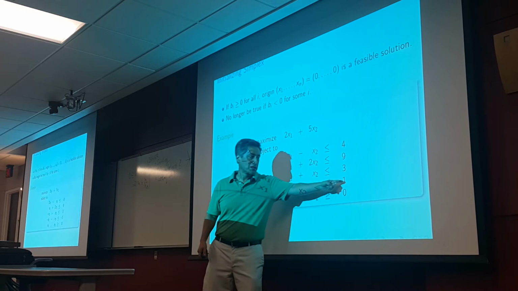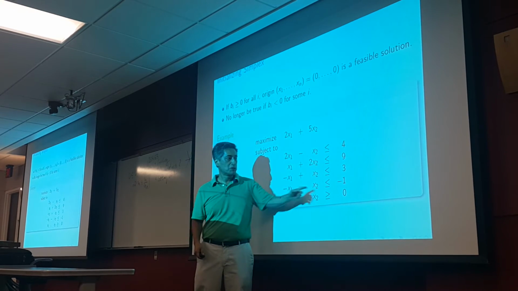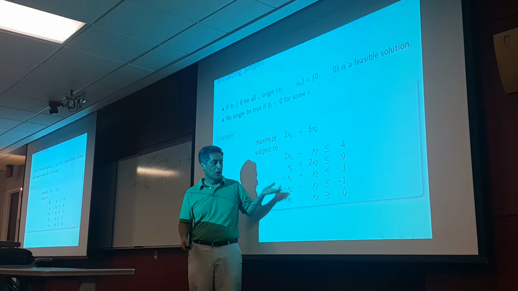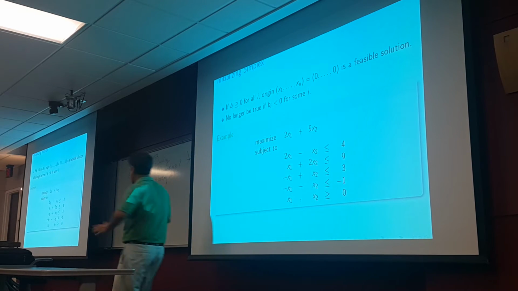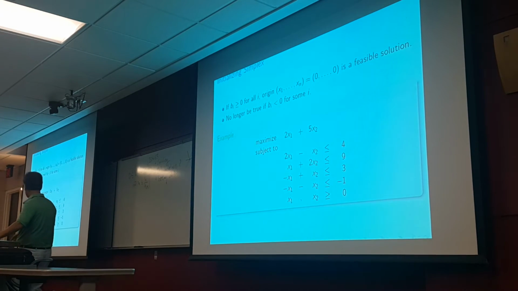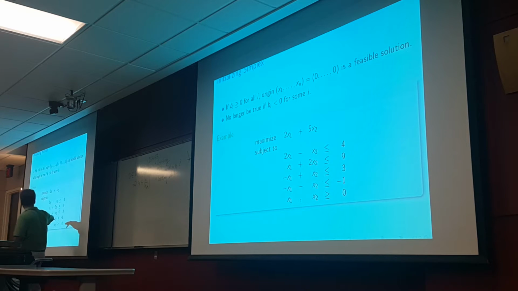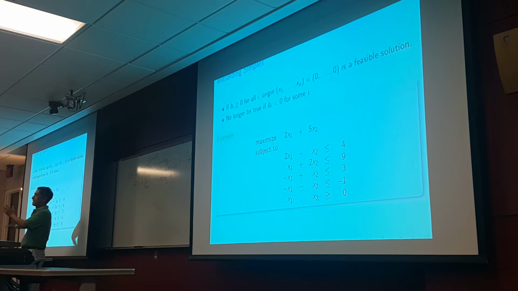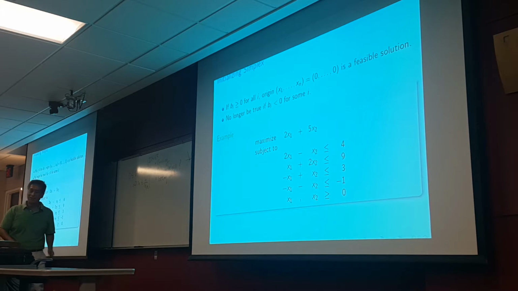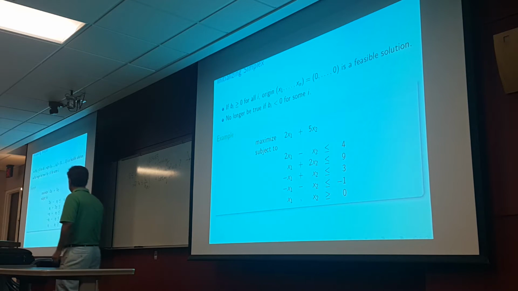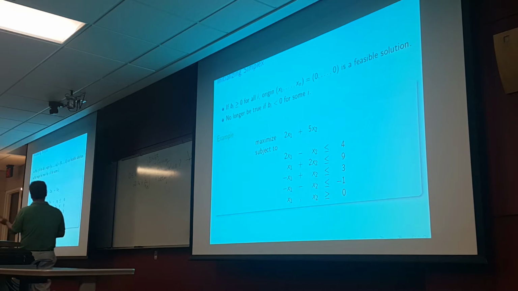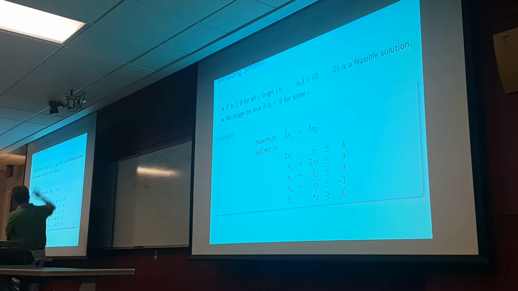But as soon as you throw something like this in, it's no longer feasible to use the origin. What happened when I added this constraint is that I just chopped off the origin, and I can't use it anymore. So I need to find a way to get to some point in the feasible region from wherever I am.